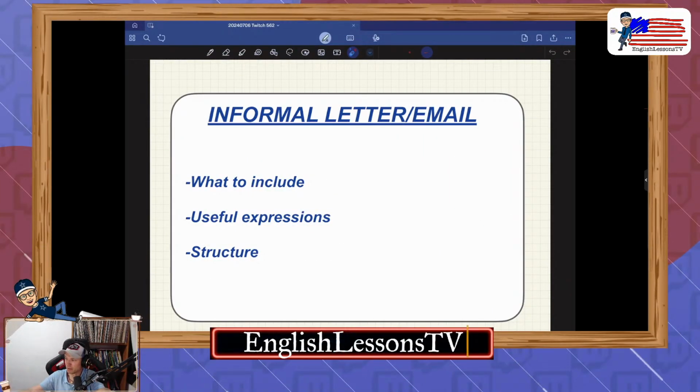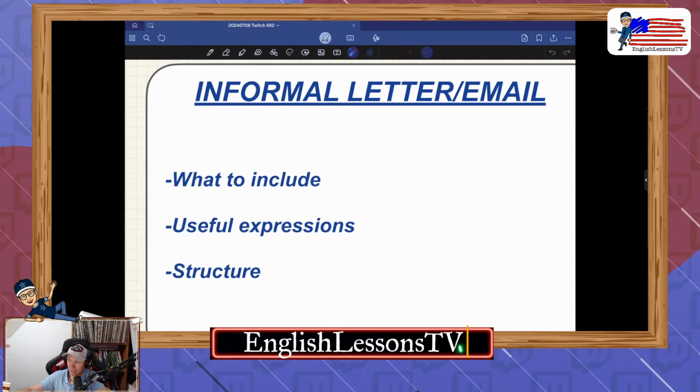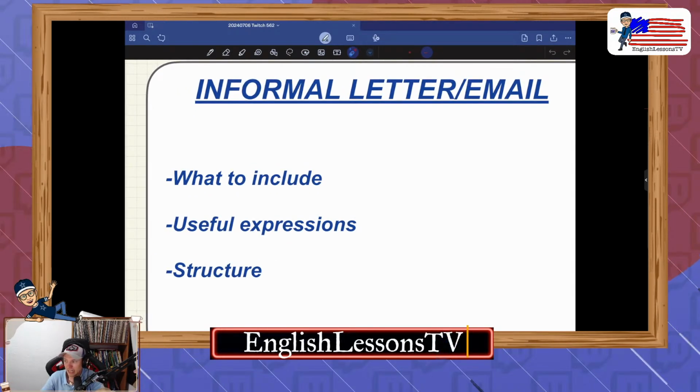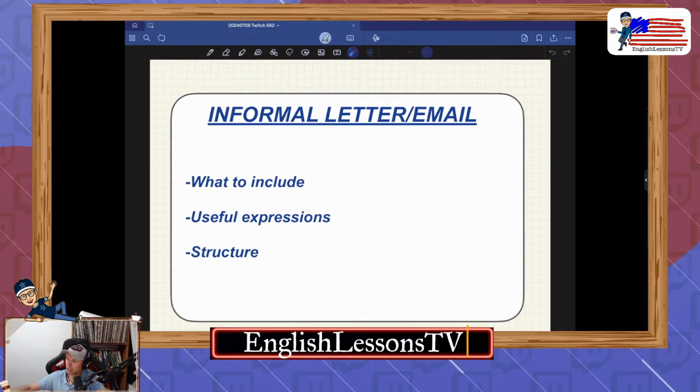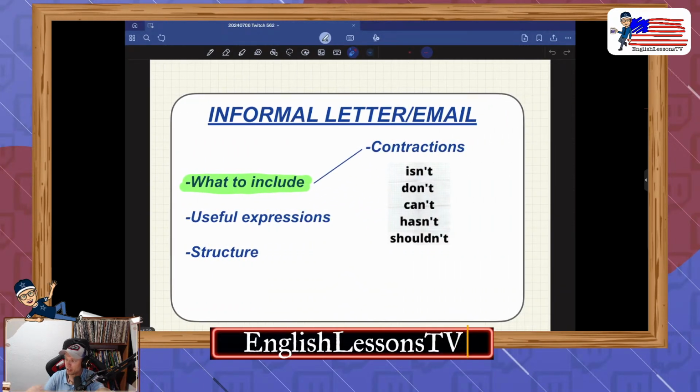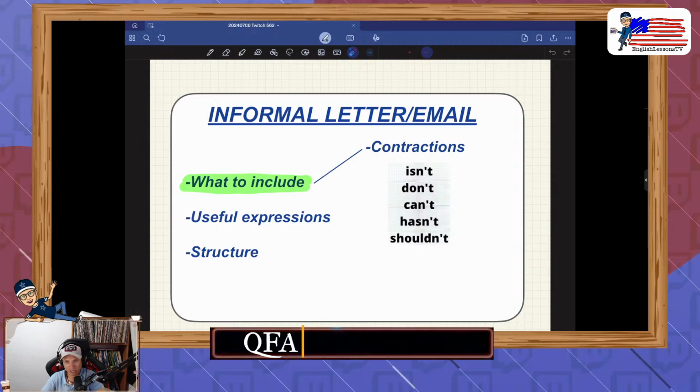Okay, so the informal email or letter includes several expressions that you should be using. You need to remember that you need to include certain things that we're going to go one by one, and then the structure, there's going to be around 3 paragraphs, 4 paragraphs, if I'm not mistaken. Okay, so let's start from the beginning. Remember, this is informal writing, so you can use contractions.